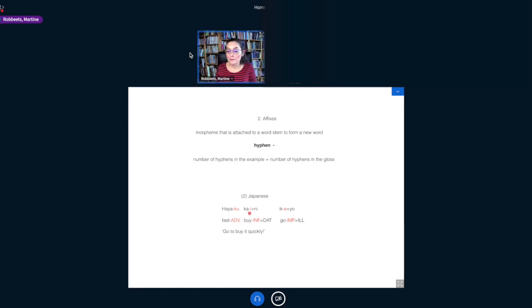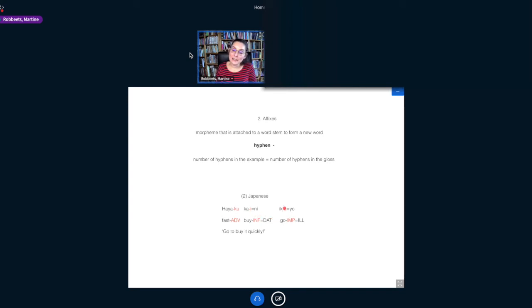Then we have kau in Japanese. The root of kau is this ka, which means buy. Then you have an e that can be separated as it is the suffix to form the infinitive, kai, and then we have a dative following it.